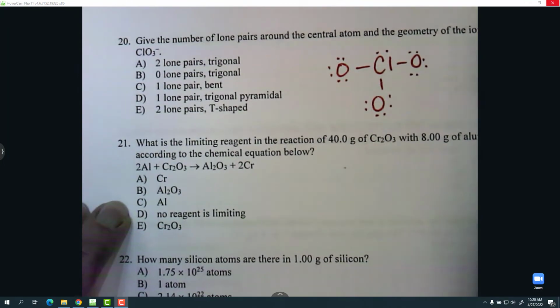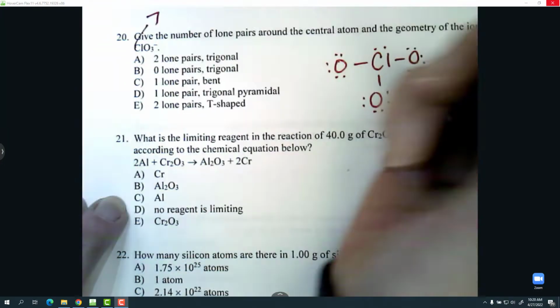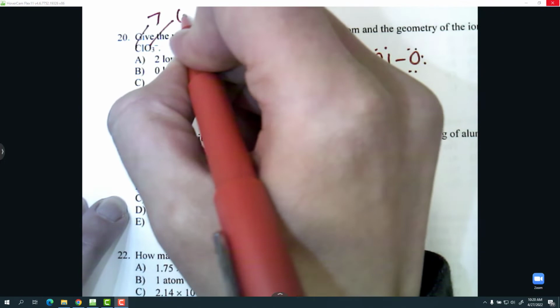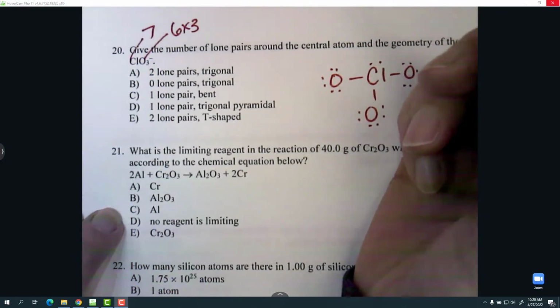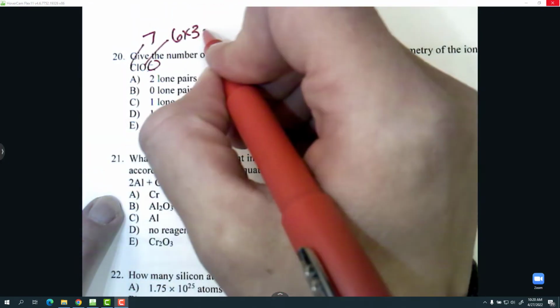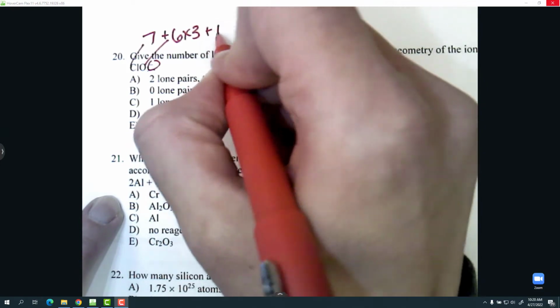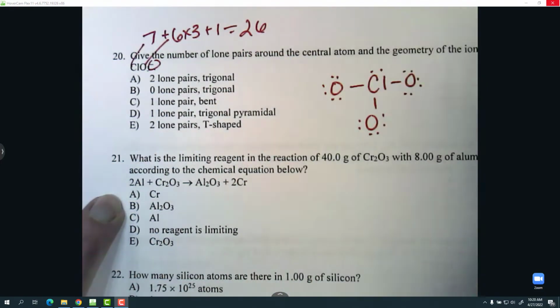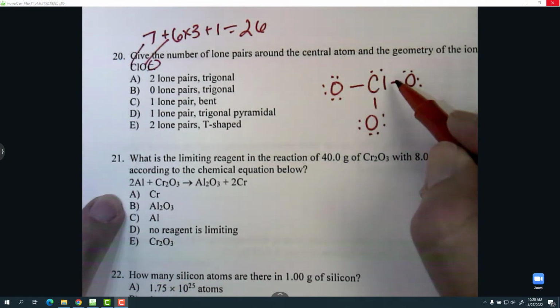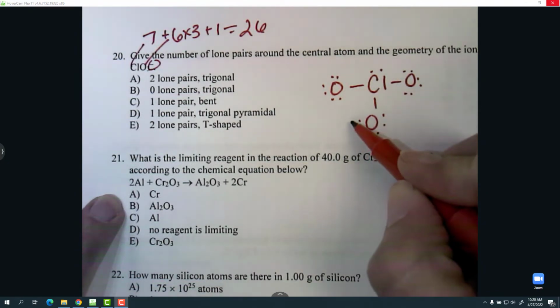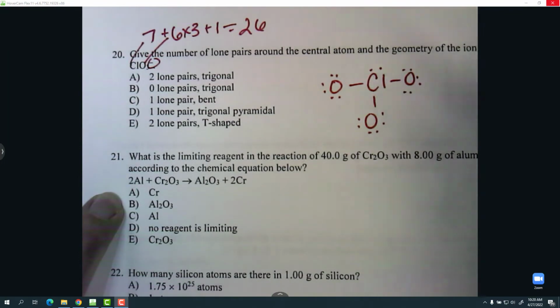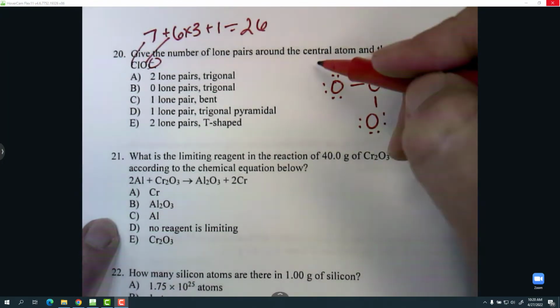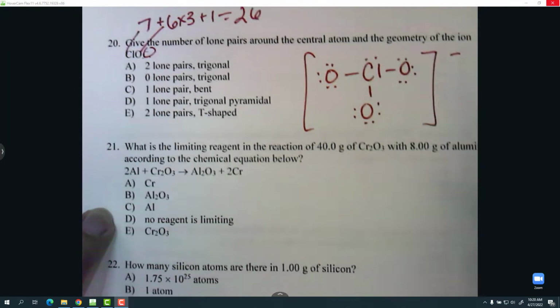Figure out how many electrons I'm allowed to have from the periodic table. 7 for chlorine, 6 for oxygen, and there are 3 of those. The negative sign means an extra 1, so 18 plus 8 is 26. I have 2, 4, 6, 8, 10, 12, 14, 16, 18, 20, 22, 24, 26. I have 26, so I'm good. I can mark it as an ion if I want to.